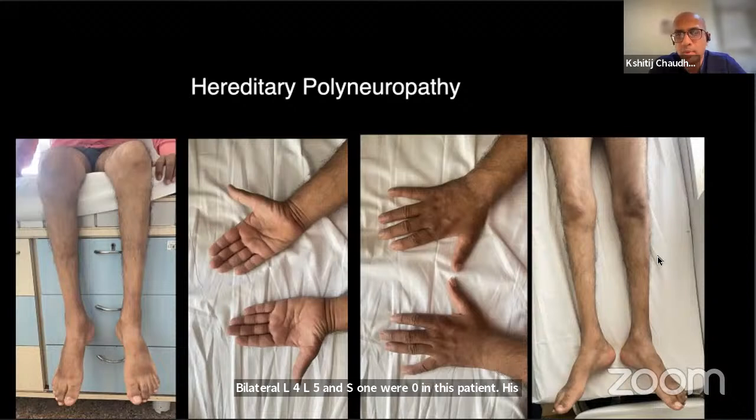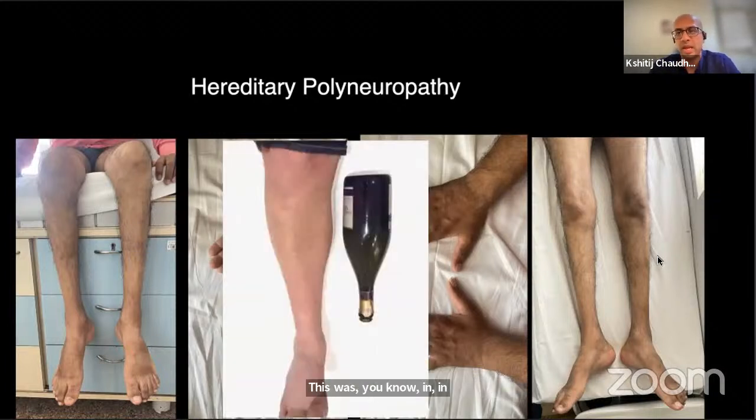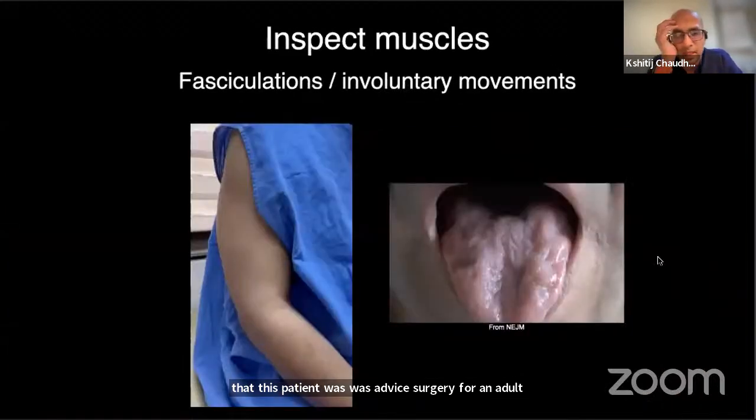His mother had the same problem. His grandmother had the same problem. This was hereditary polyneuropathy, with the typical inverted champagne bottle appearance. But the surprising thing is that this patient was advised surgery for an adult isthmic spondylolisthesis at L5S1. So all those things are important in your examination.